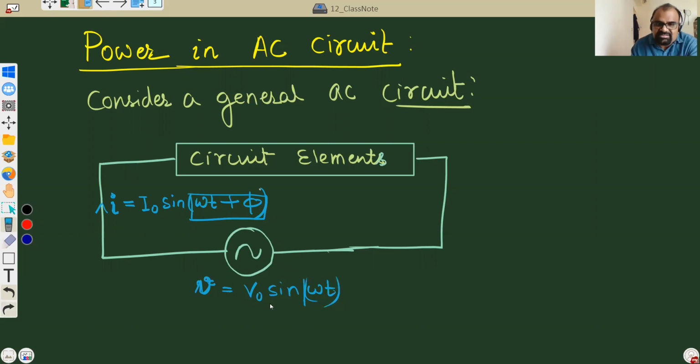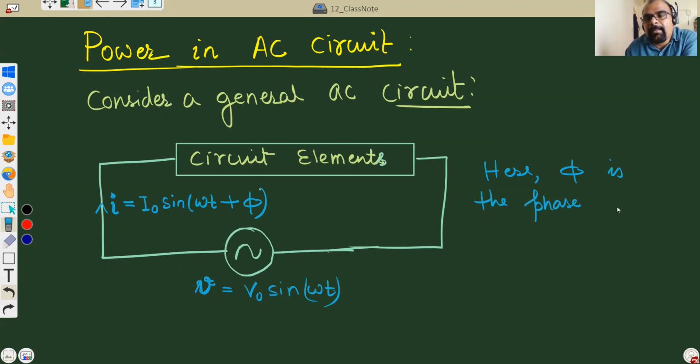So phi is the phase difference between current and voltage as shown.